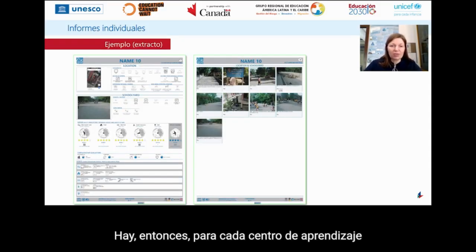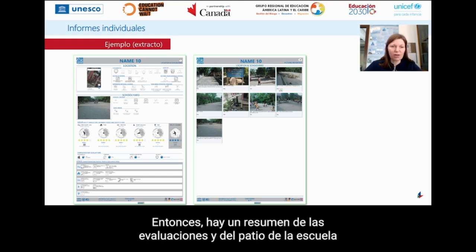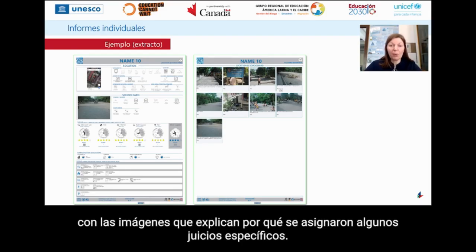There is then, for each learning facility, in this case, a summary of the evaluation. In this case, there is an evaluation for the location, so a summary of the evaluations, and for the schoolyard, with the pictures that explain why some specific judgments were assigned.